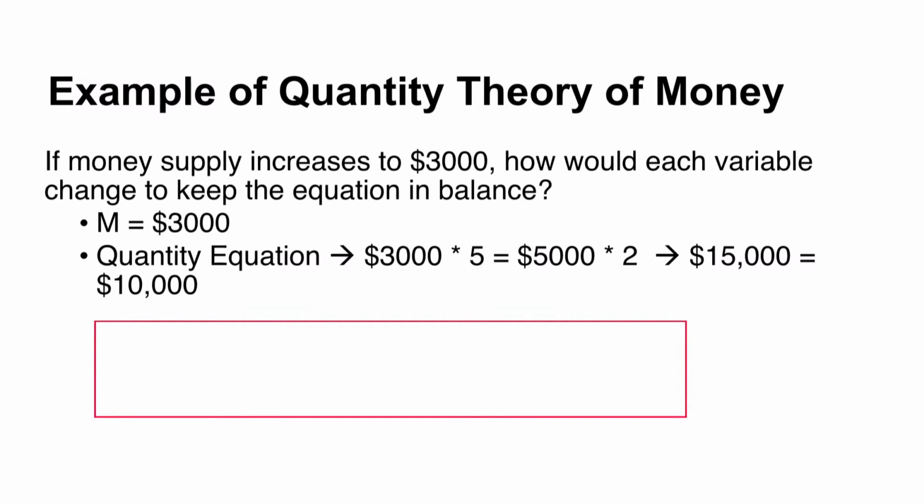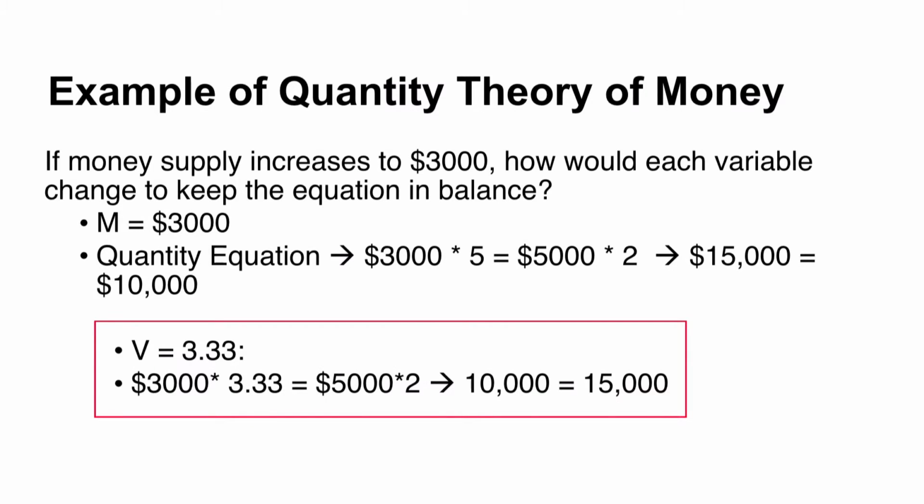Can we change velocity to keep our equation in balance? If velocity goes to 3.33 instead of 5, so we see that velocity has decreased, well, now we see that our equation is in balance.